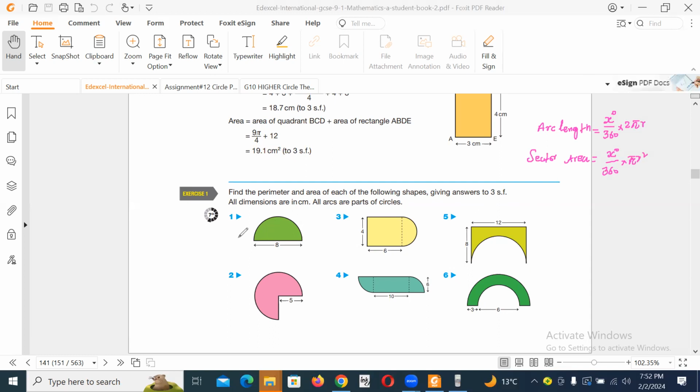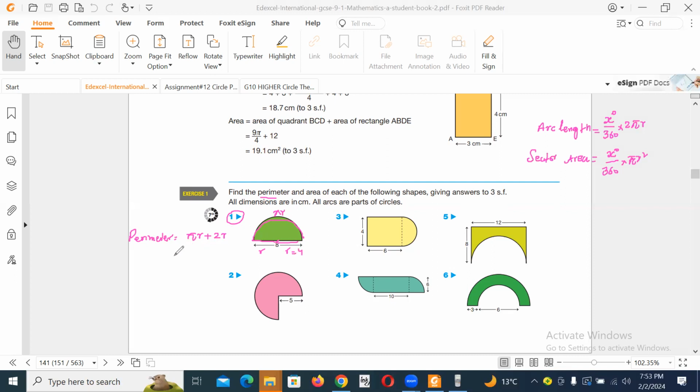In this case it is very easy. First we are looking for the perimeter of question number 1. We know this is a semicircle, so its perimeter equals pi r plus 2r. This curved length is pi r, and this full length is r plus r. Remember the full length is 8, so r is half of 8, meaning 4.